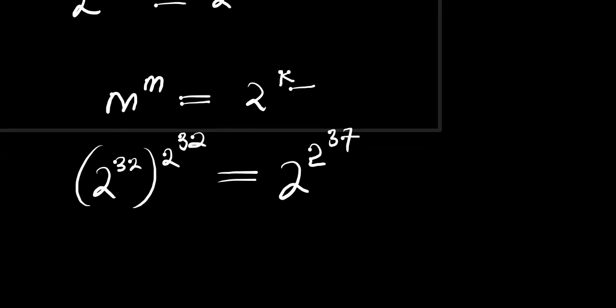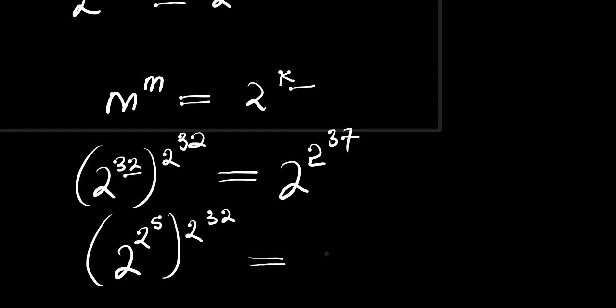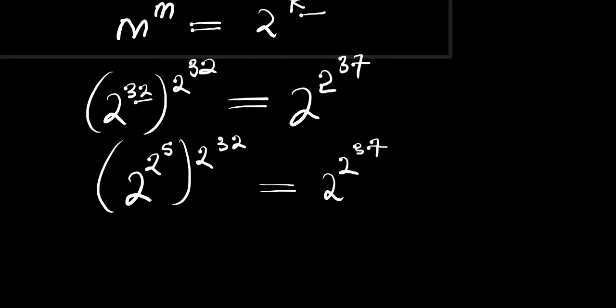So, going by the identity, remember 32 is simply 2^5. We have (2^(2^5)) all to the power of 2^32. This equals 2^(2^37). So right now, if you multiply this out, we are going to have 2^(2^5 times 2^32).